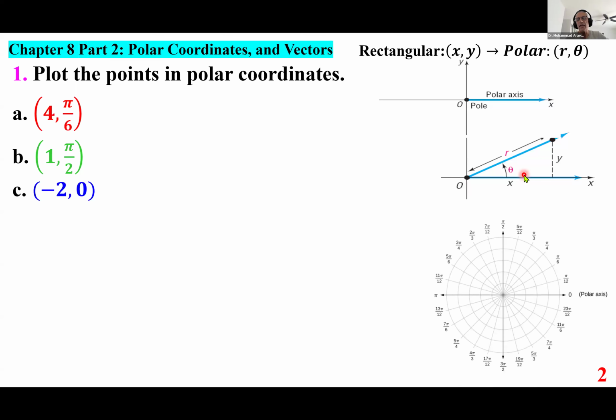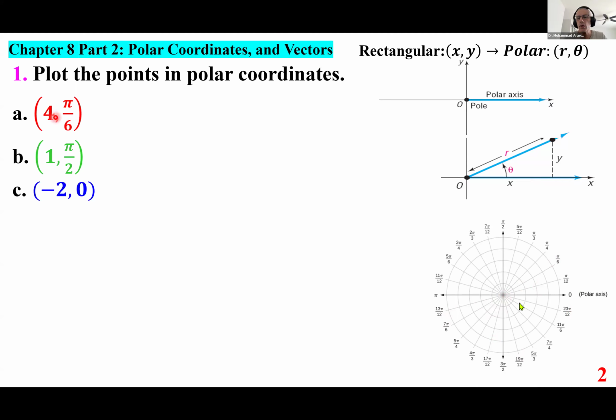So having said that, in the case of a polar coordinate system, we use a bunch of concentric circles centered at 0, 0. And if we want to plot a point, first we look at all of these angles. We locate theta first. Pi over 6 is here.